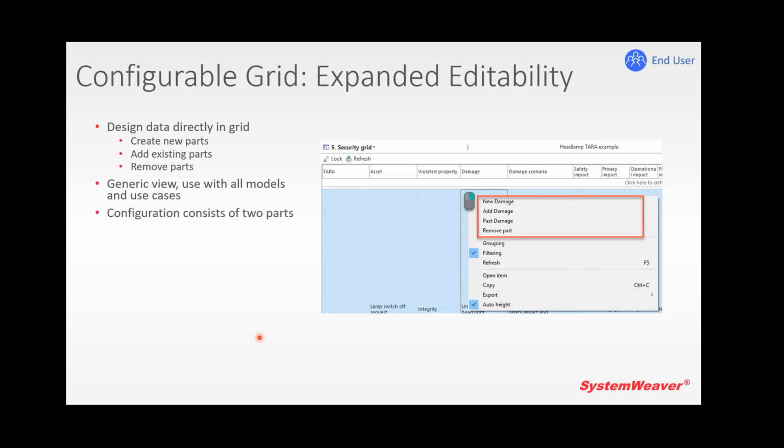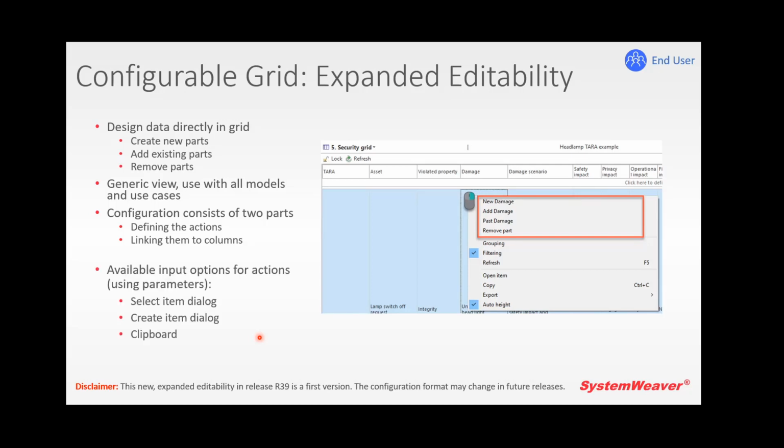And the configuration consists of two parts. First, you need to define what actions you're going to make available to the users. And then you need to link those actions to the columns that you want to activate them on. And the architects have a couple of options for input for those actions.